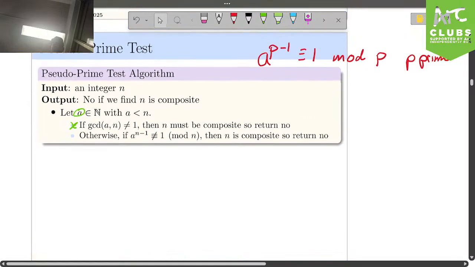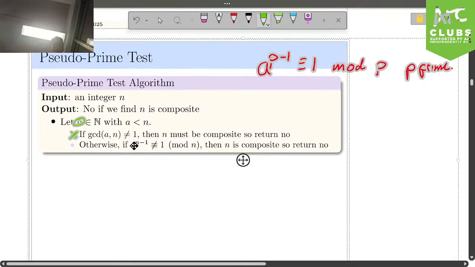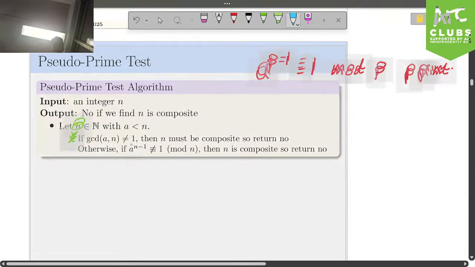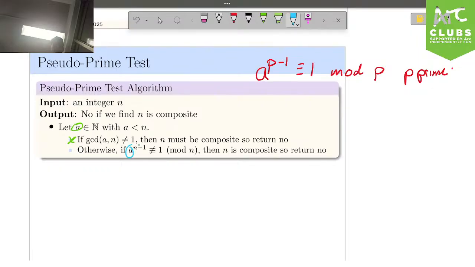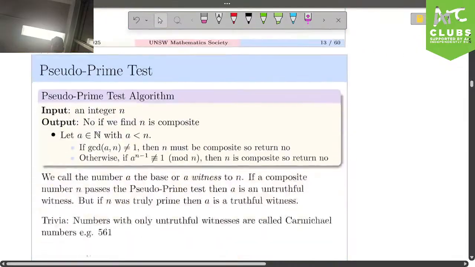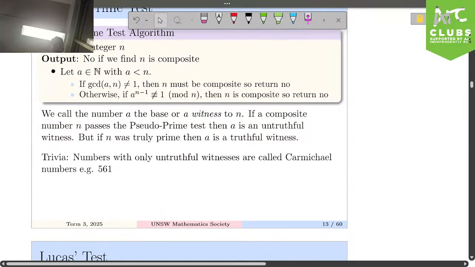We put these two numbers into Fermat's little theorem. We say, is a to the n minus 1 equivalent to 1 mod n? And if it is, then we would say n is probably prime.